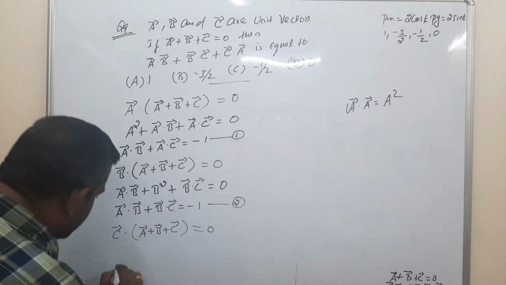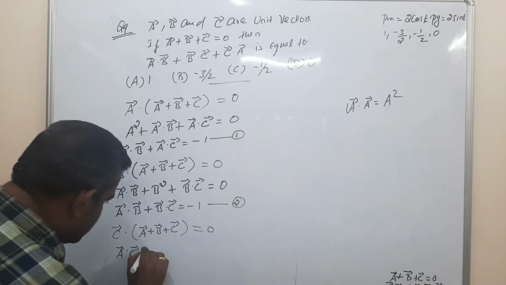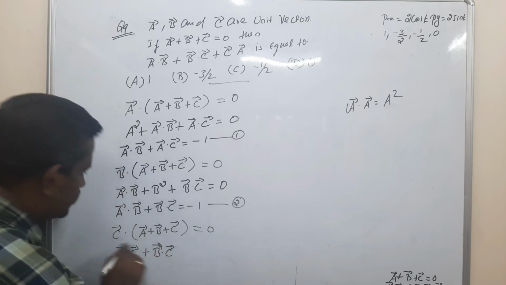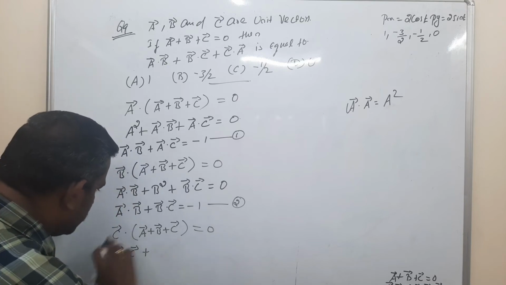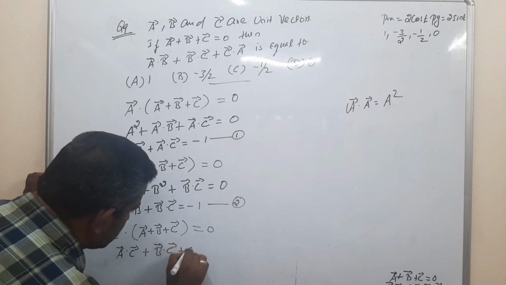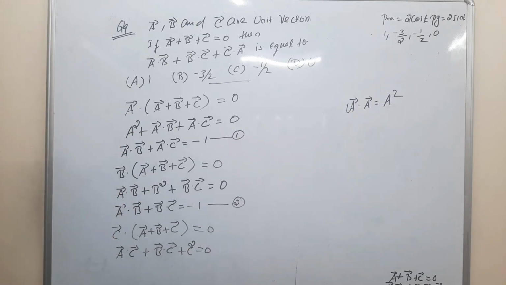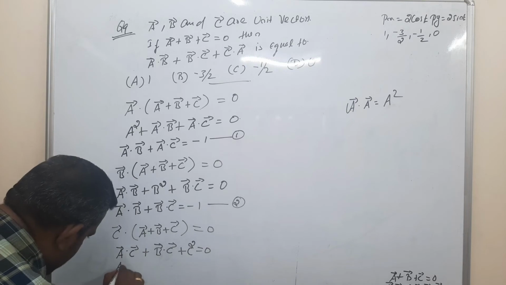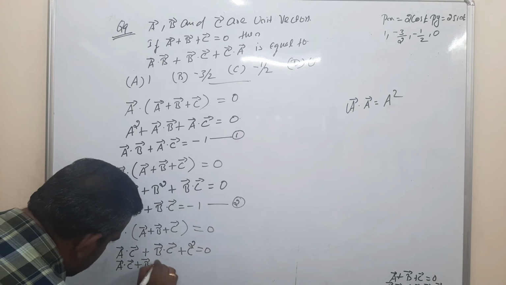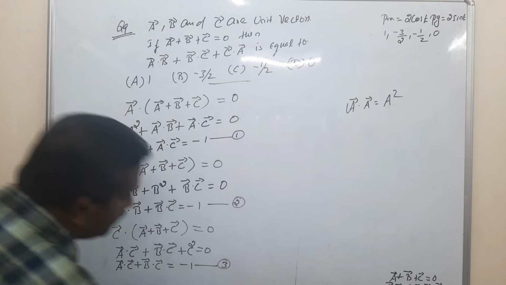C vector dot A vector we can write as A vector dot C vector, plus C vector dot B vector, which we can write as B vector dot C vector, plus C square is equal to 0. C square is 1. So we can write A vector dot C vector plus B vector dot C vector is equal to minus 1. Take it as equation number 3.